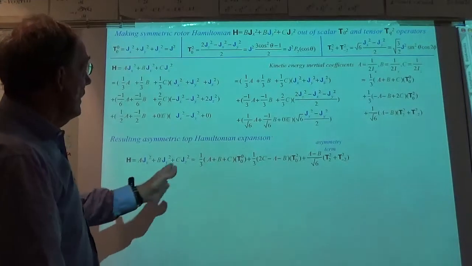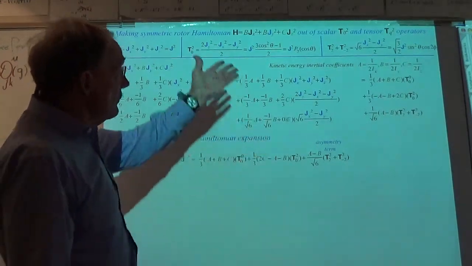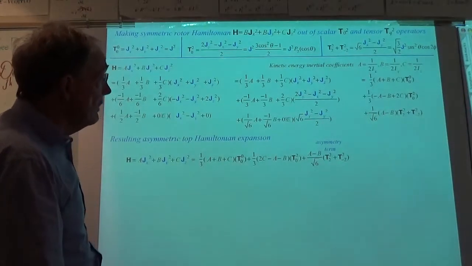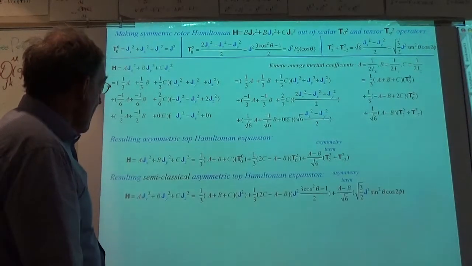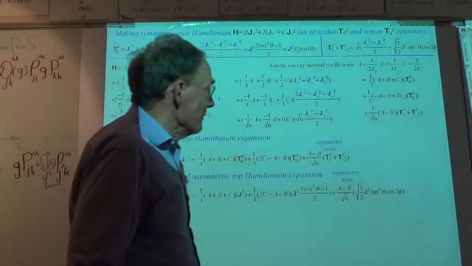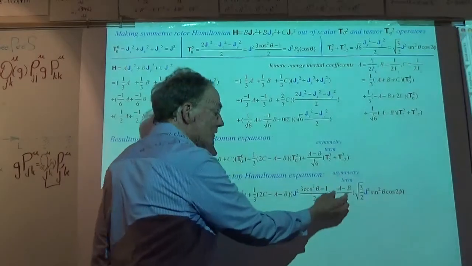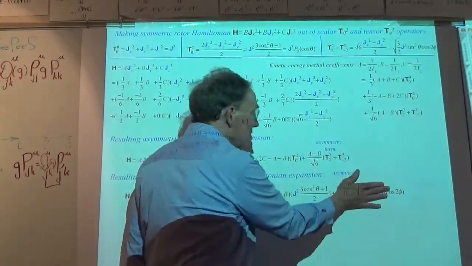So that's the asymmetric top Hamiltonian written out in terms of these tensors that we get from the d functions of angular momentum 2. The result is a semi-classical asymmetric top expansion. And this is the asymmetry term. A minus B: if they're equal, I don't have any of that.